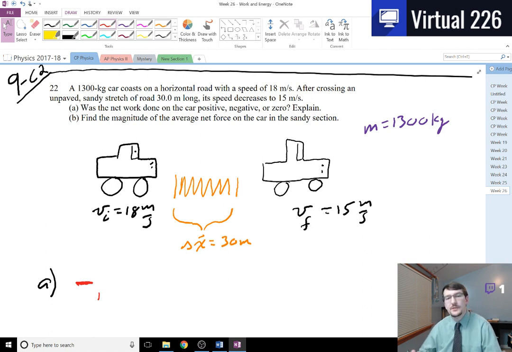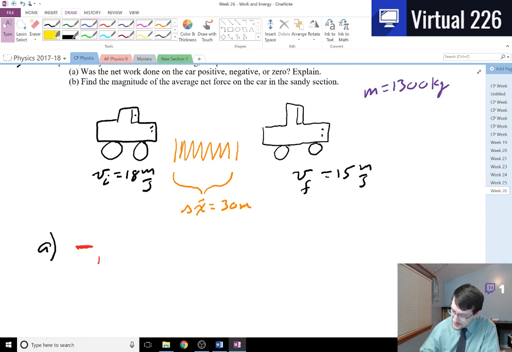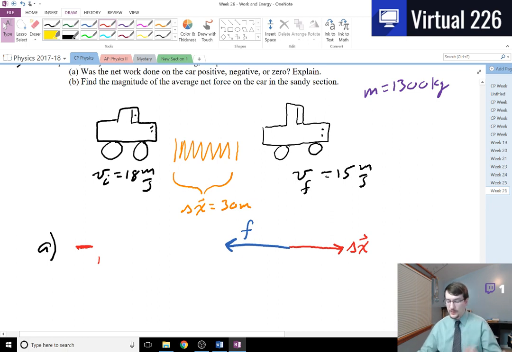If we think of this sandy gravel, there's some friction going on there. If we were to draw these forces out, we would see that this gravel slowing us down has a frictional force pushing against us, while we in the car are moving to the right with some velocity, some delta x. But we are slowing down.